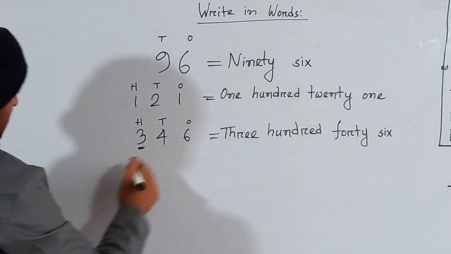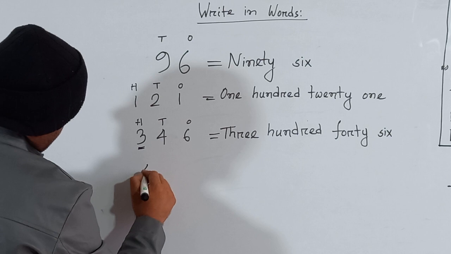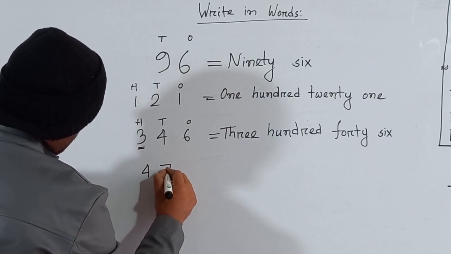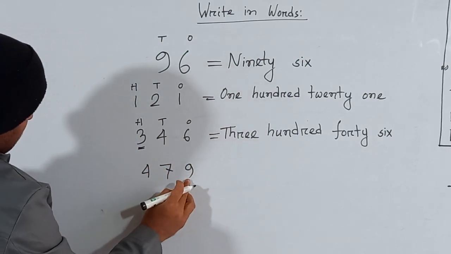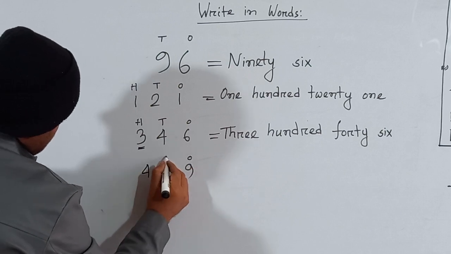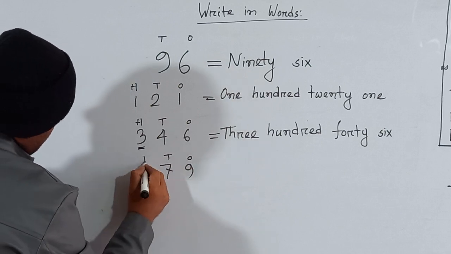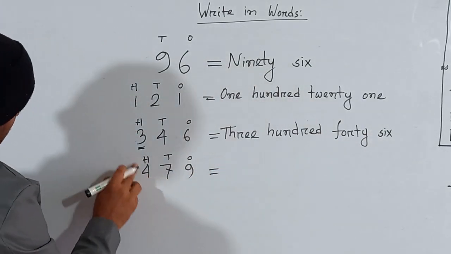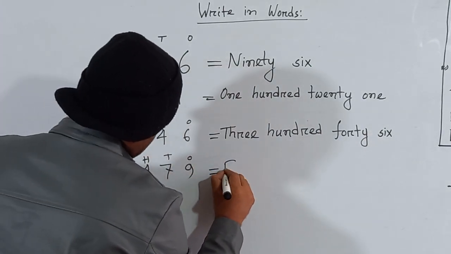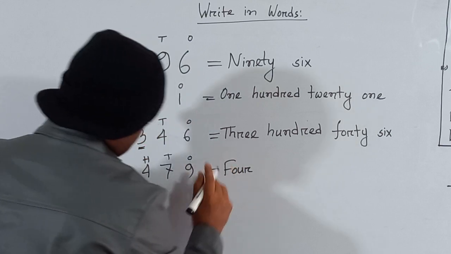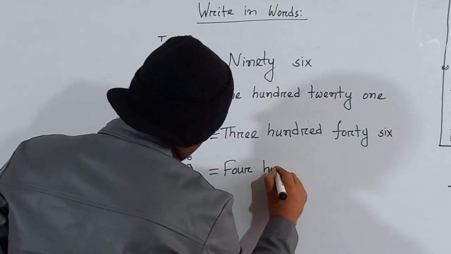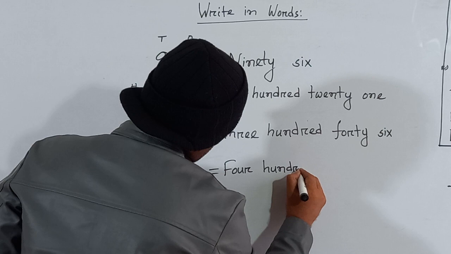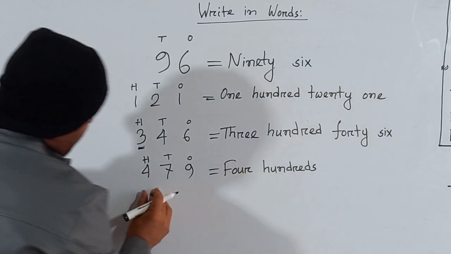346. Now if I write 479, 9 is the ones place, 7 is the tens place, and 4 is the 100 place. So how many hundreds are here? How many hundreds? 4 hundreds. FOUR HUNDREDS, 4 hundreds.